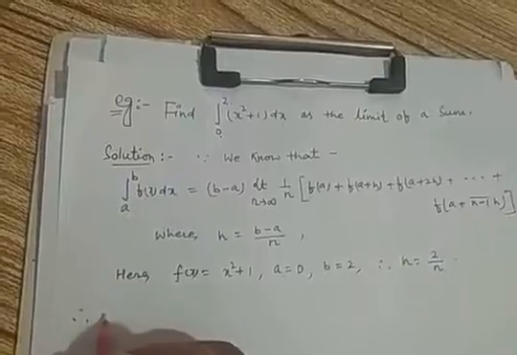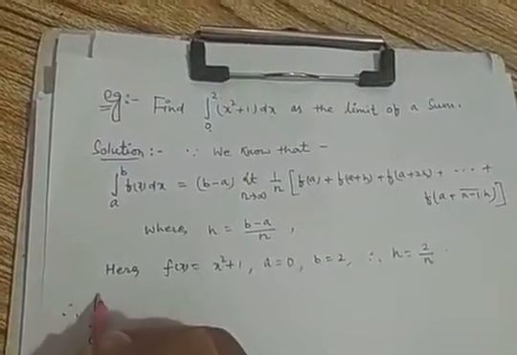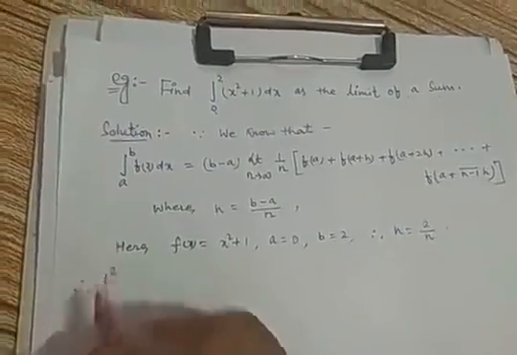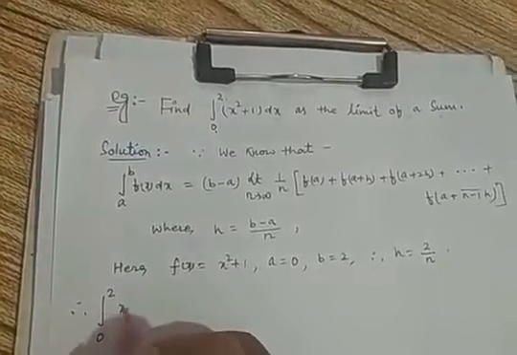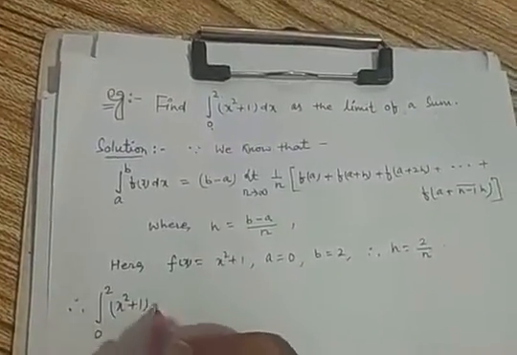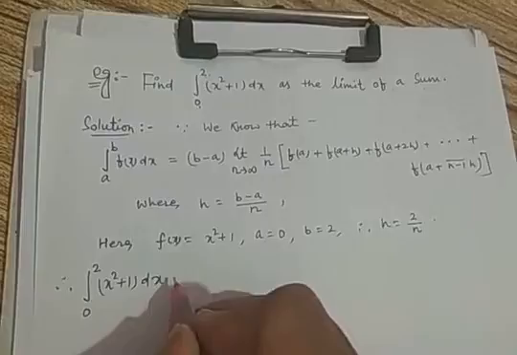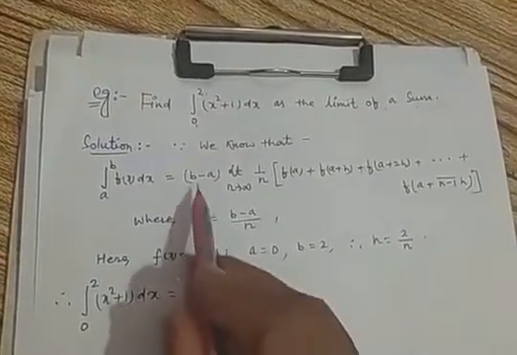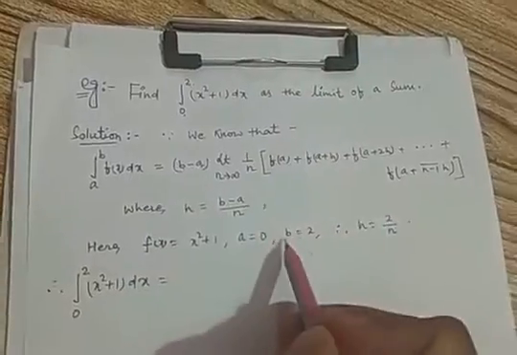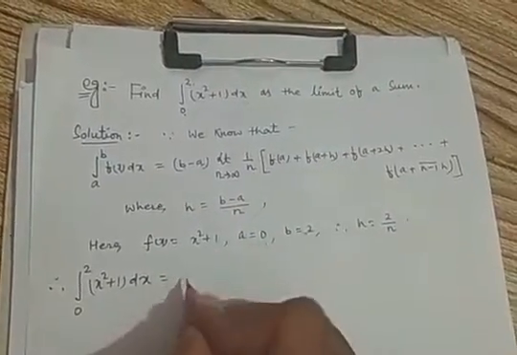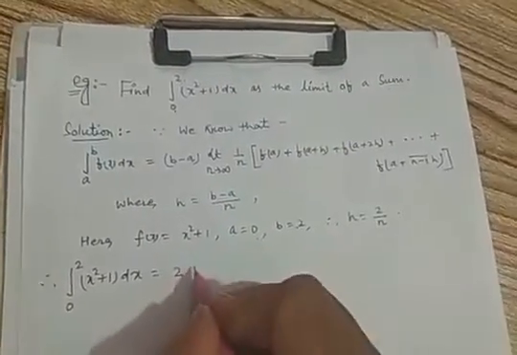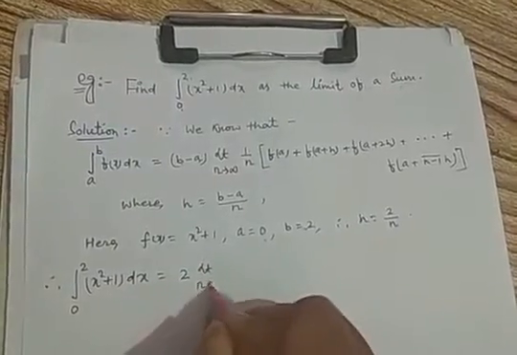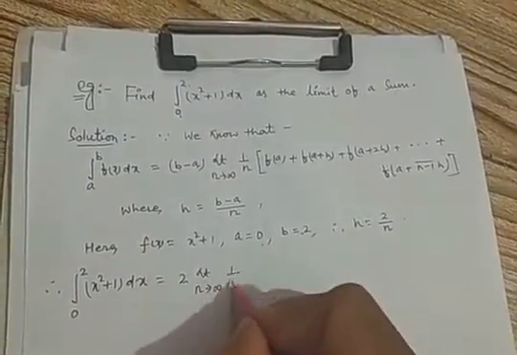Therefore, integration from 0 to 2 of x square plus 1 dx is equal to (b minus a), that means 2 minus 0, that is 2, limit n tends to infinity 1 upon n.